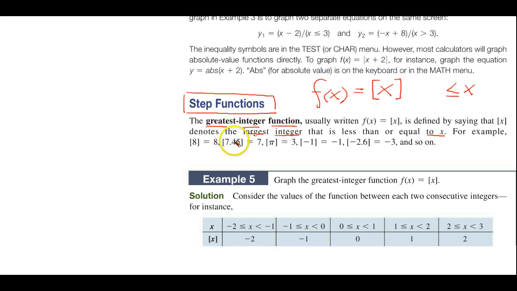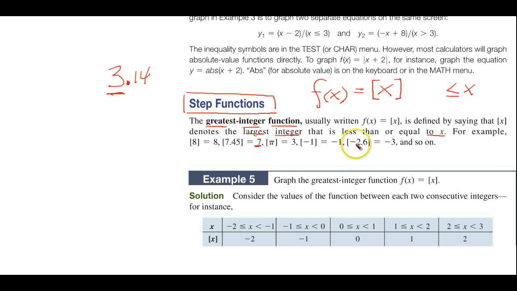The greatest one equal or less than that would be 7. The greatest integer function of pi, which we know is rounded off to 3.14, would just be the 3. Of -1 would be -1.